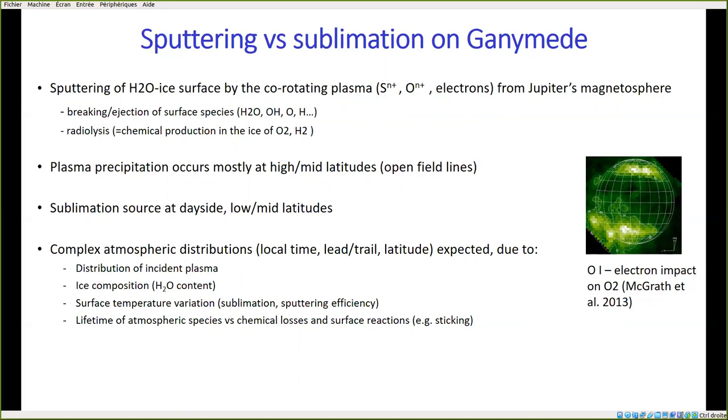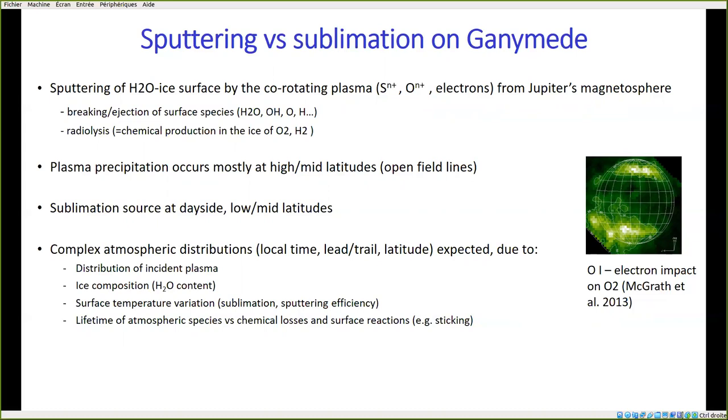So this corotating plasma impacts the surface and causes the breaking and the ejection of surface species like water itself or OH or atomic oxygen, atomic hydrogen. But it can also lead to the chemical production of other species like O2 and H2, a process called radiolysis.